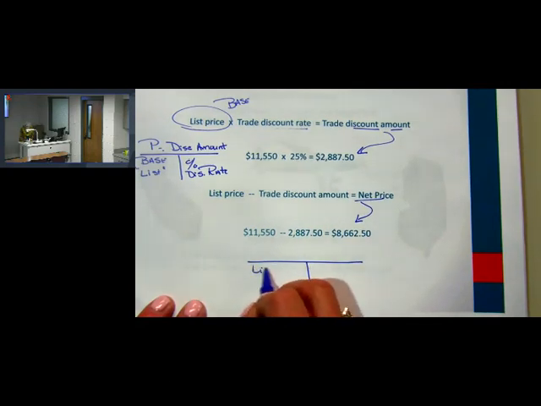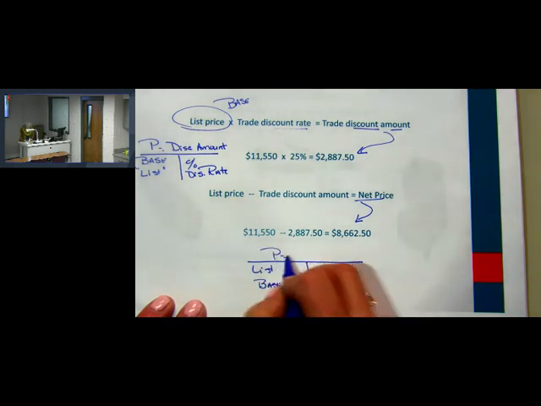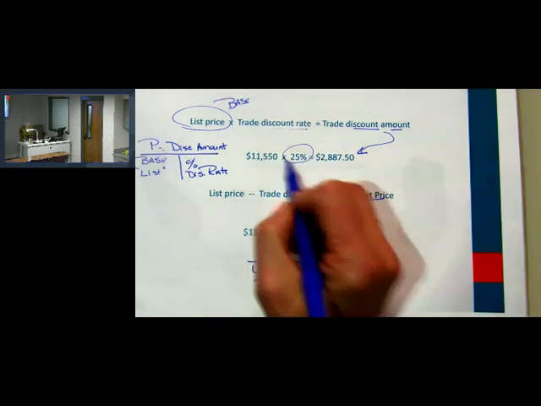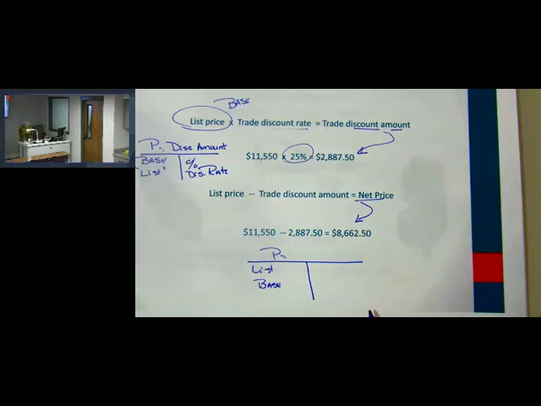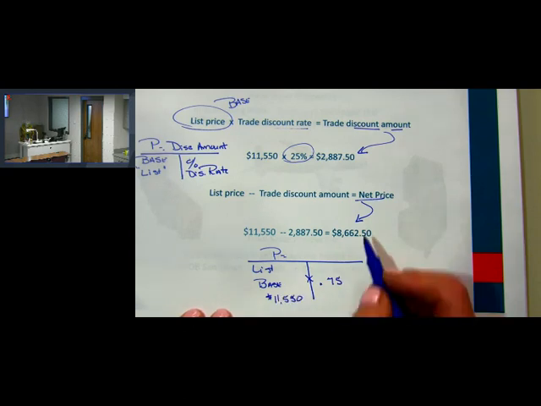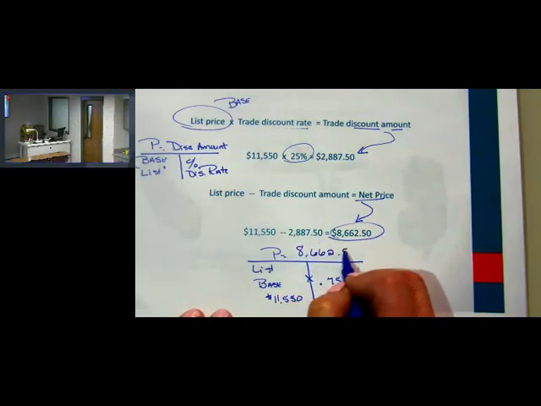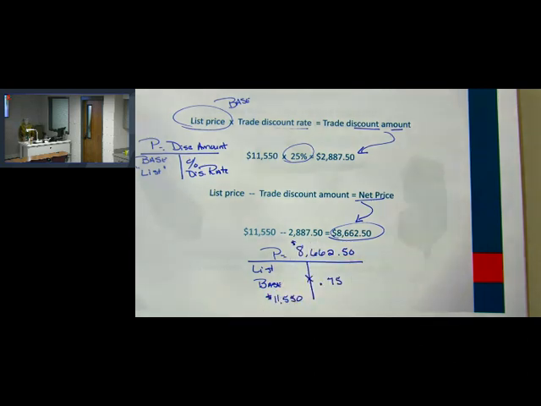Again, if I know that my list is base, and I'm solving for portion, another thing that I can do is if I know that my discount is 25%, I could take my list times the other 75%, and when you multiply the 11,550 times 0.75, you're going to get the same number, 8,662.50.